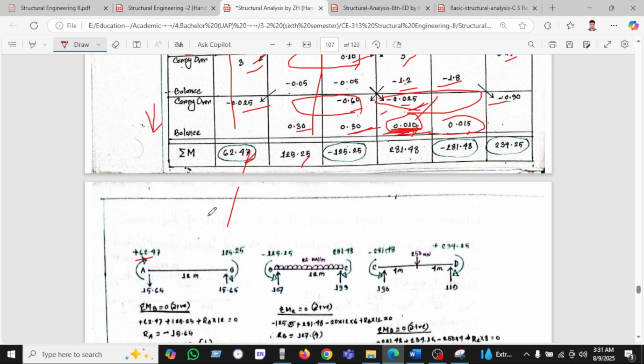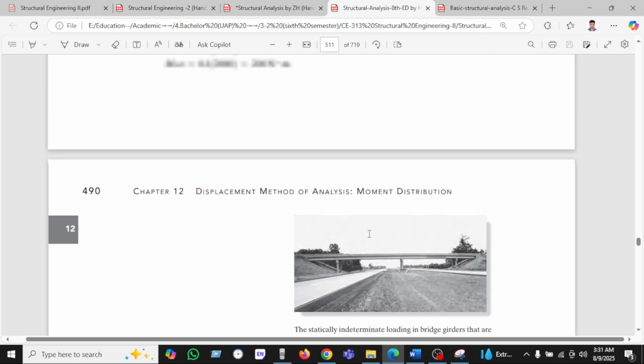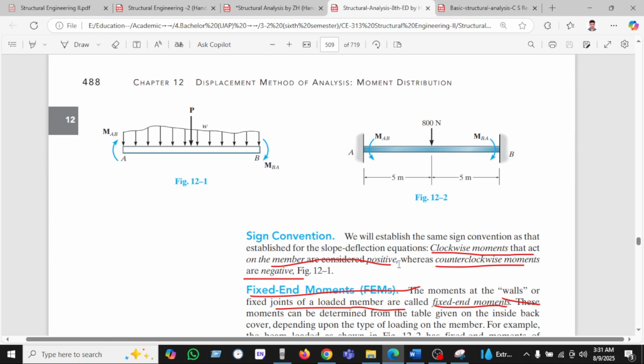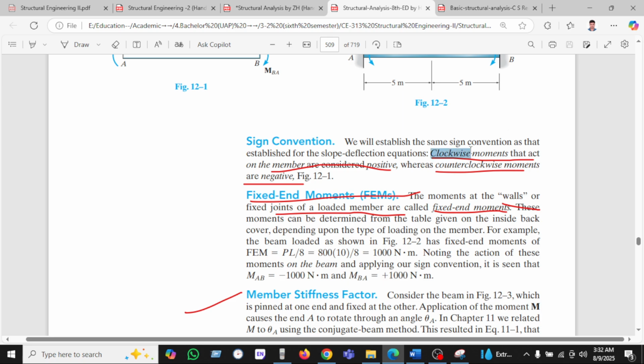This is the 62 as positive, and 125, it is also clockwise, positive 125, as we have shown here in the sign convention. As per the sign convention, clockwise is considered positive.